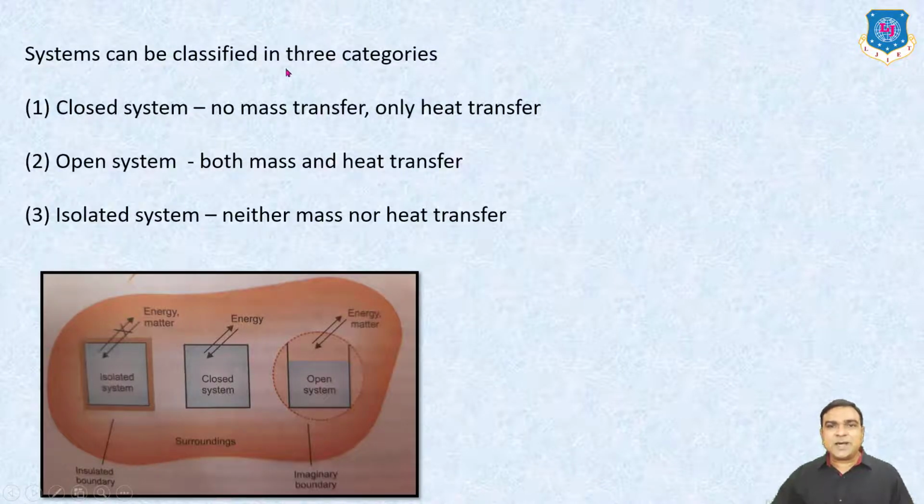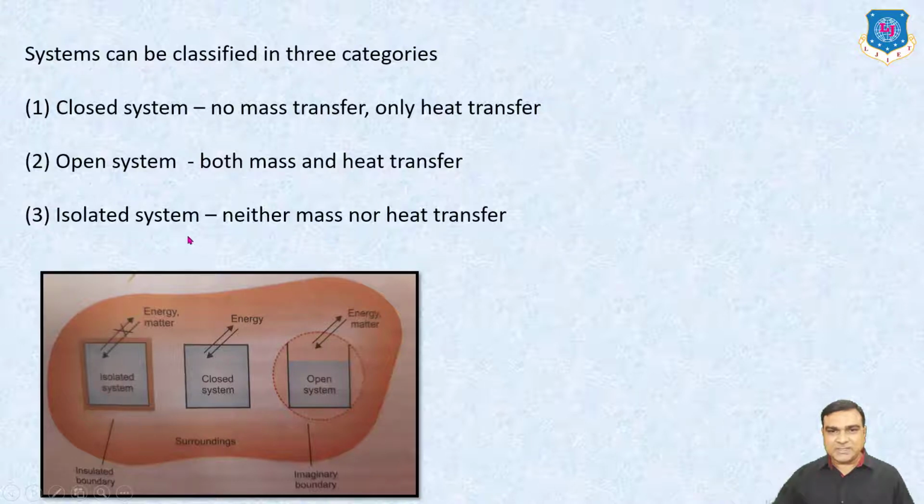Systems can be classified in three categories: closed system, open system, and isolated system. In a closed system, there is no mass transfer, only heat is transferred, while in an open system, both mass and heat are transferred.